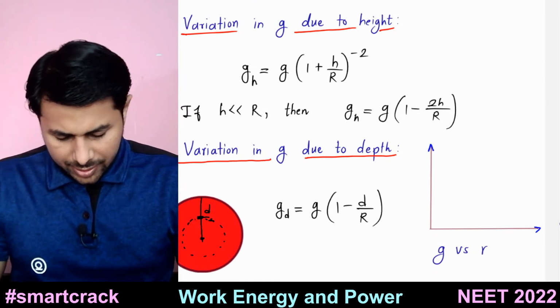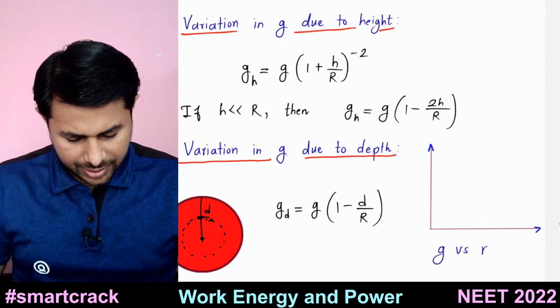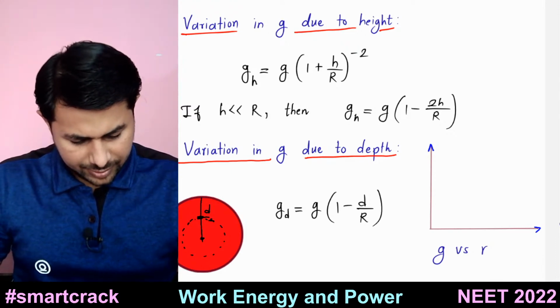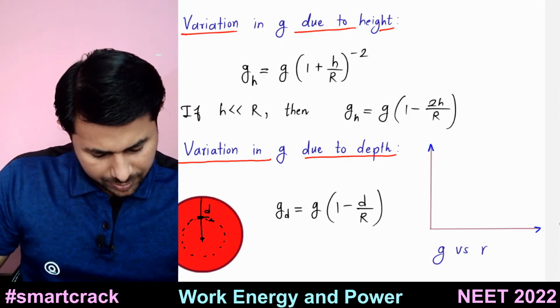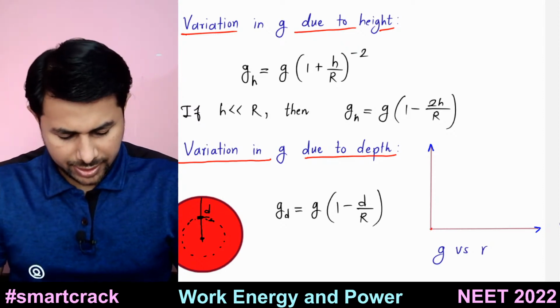So the acceleration due to gravity keeps on changing like this. If you plot this graph, it becomes 0 at the center of the Earth.